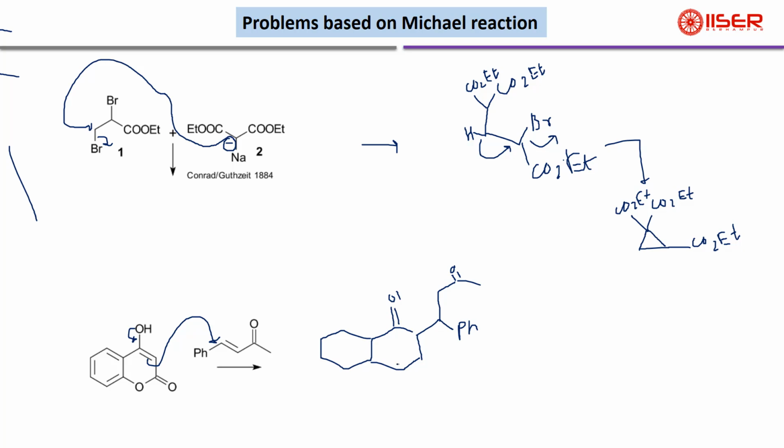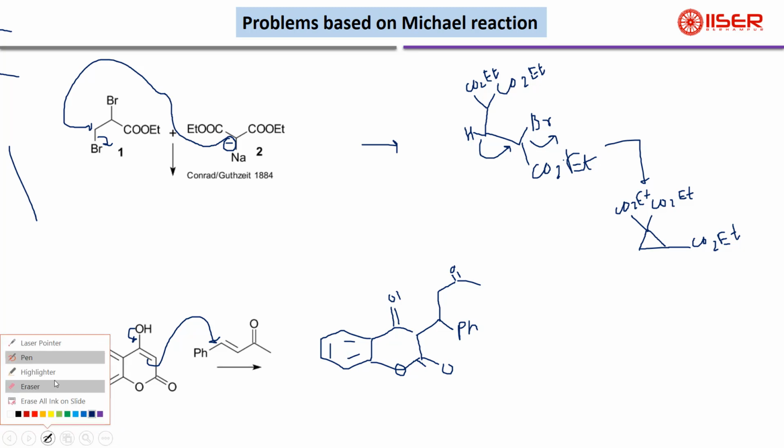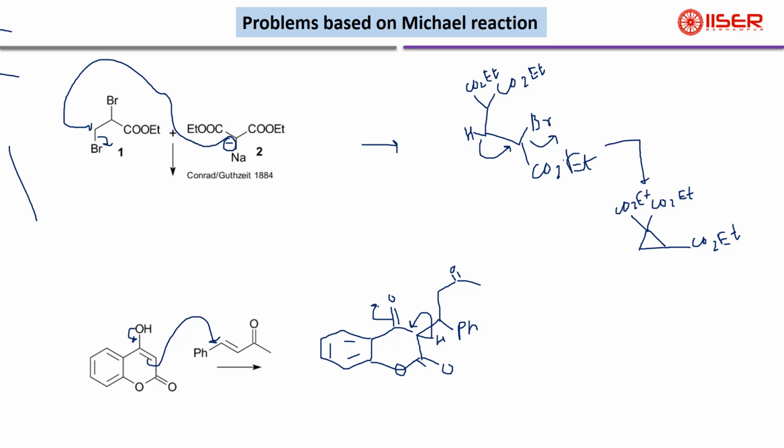After that, as there is still an H available, it undergoes cyclization again. So we get this as our product.